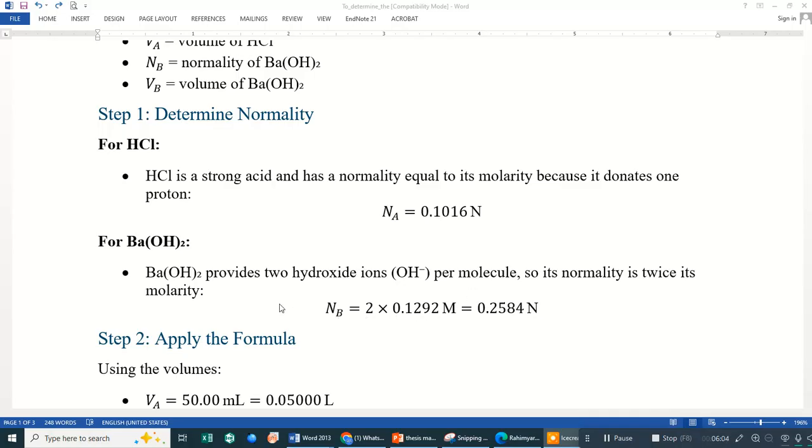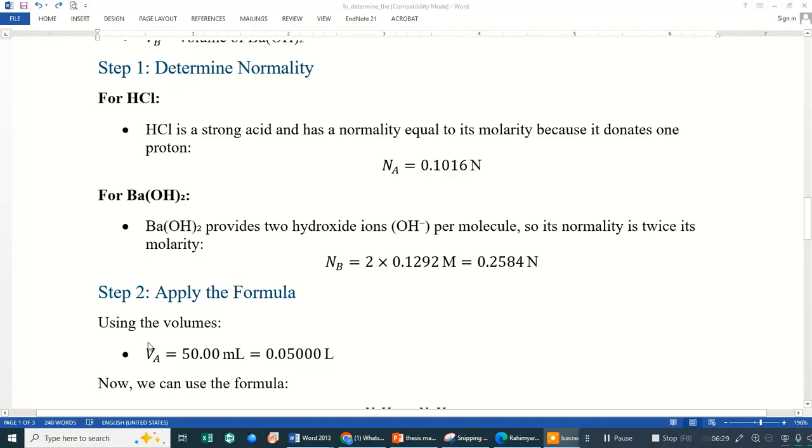For calculation of the normality of barium hydroxide, we multiply the molarity by 2 because it gives two hydroxyl ions. Okay, 0.02584 normal solution. That's the normality of barium hydroxide.